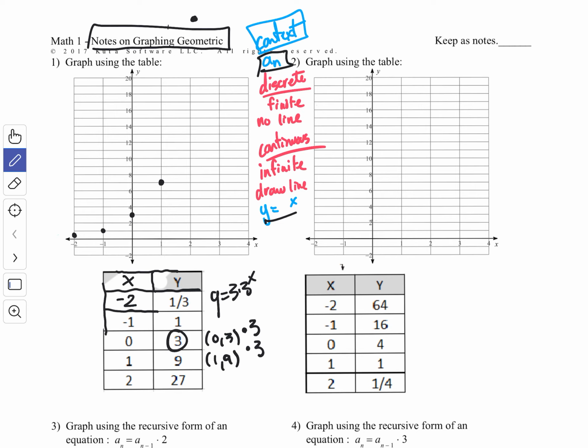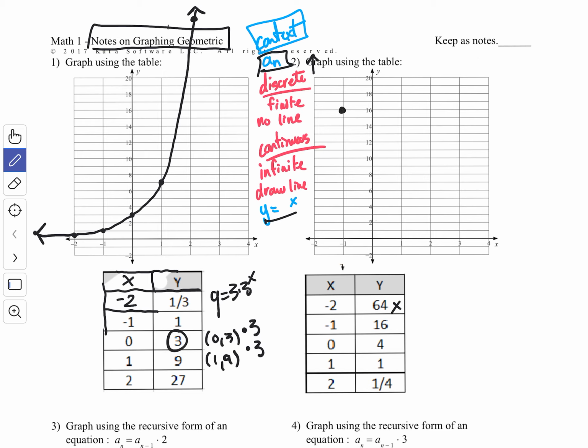Now, something we need to understand about these. Let me just start by doing this. So we draw our points right there. Now let's look at number 2. Negative 2, 64 is going to be hard for us to draw because we can't go up that high.